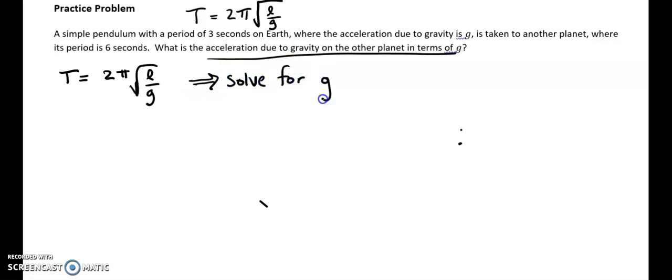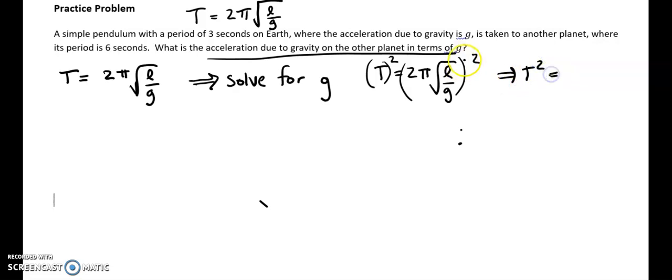Great. So go ahead, you can do some good old math to do that. First thing I'm going to do is square both sides. Make sure you're squaring each term: T² = 4π²L/g. Now I'll do some more math.